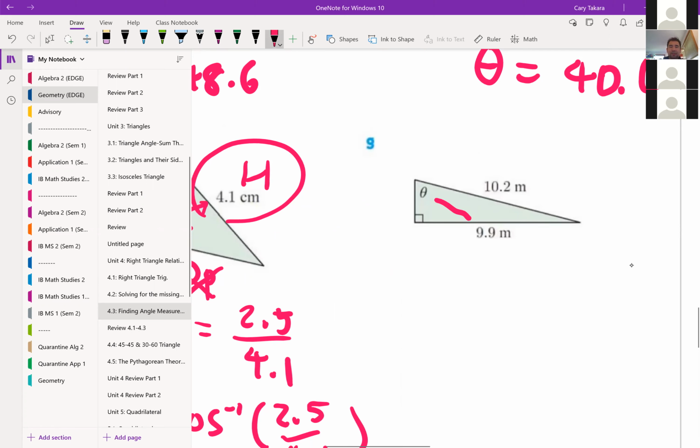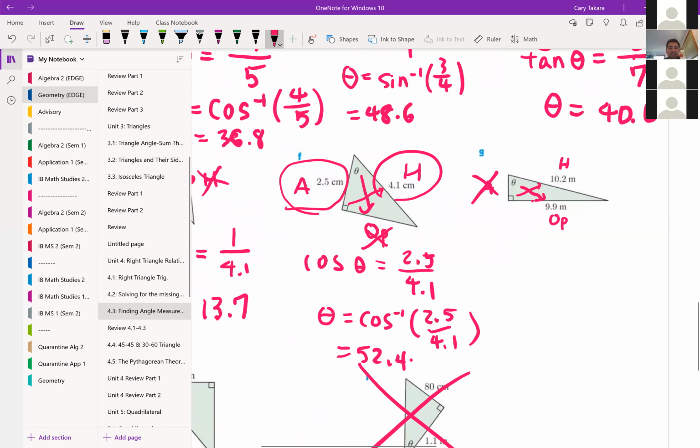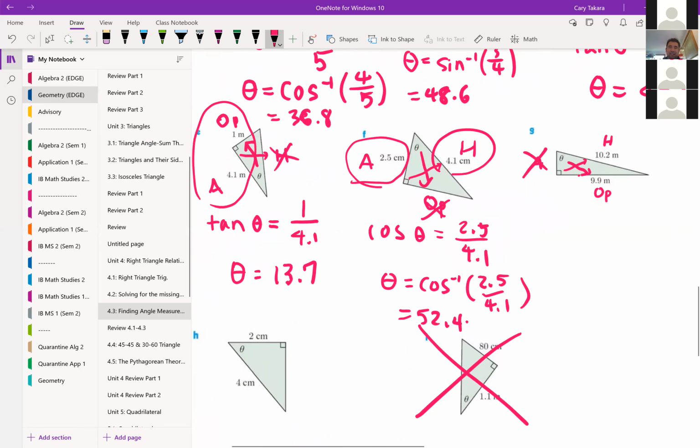B, opposite, hypotenuse, adjacent, nothing on adjacent. Yeah, hang on a second. Here's your H. So this will be O and H. So that's got to be sine, isn't it?